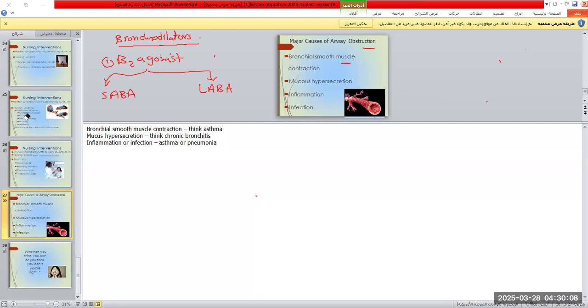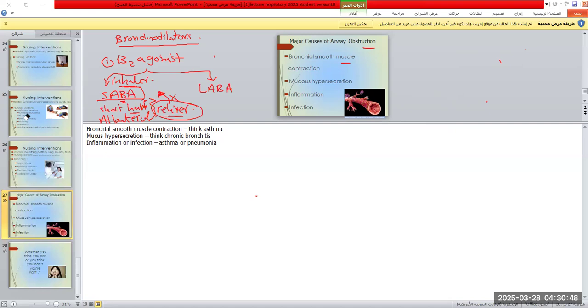SABA means short-acting beta 2 agonist, and it has a very short half-life, like albuterol. It's very important as a reliever, not a controller.